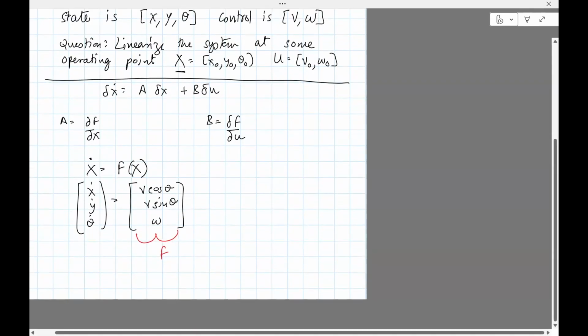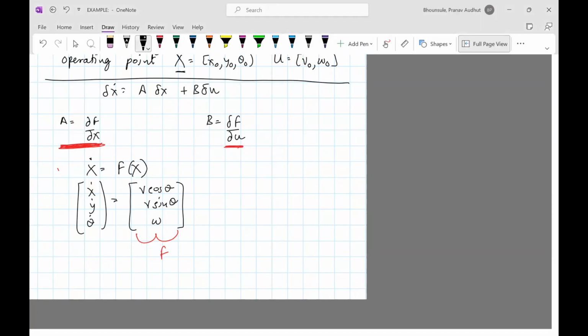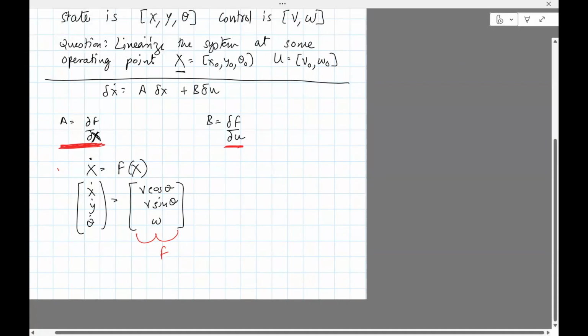So I need to compute the gradient or the first derivative, or if you like, the Jacobian of f with respect to x, and the Jacobian of f with respect to u. U is actually capital U, and this x is capital X, the same as here. And this u is v and omega. Okay, so let's do that.